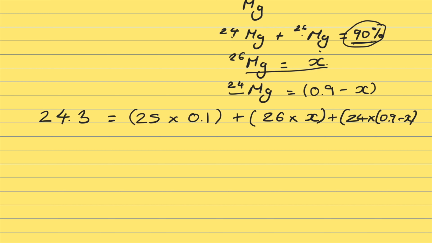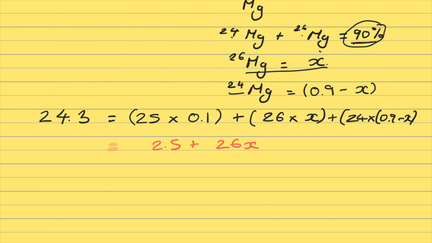Okay, now I'm going to solve what's in the brackets first. So 25 times 0.1 is equal to 2.5. 26 times X is equal to 26X.